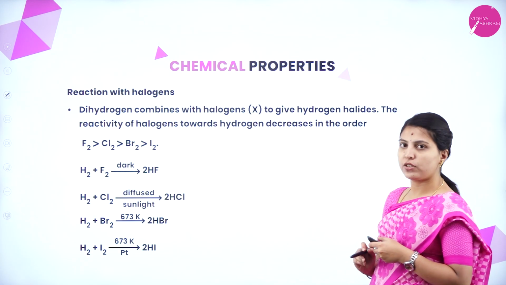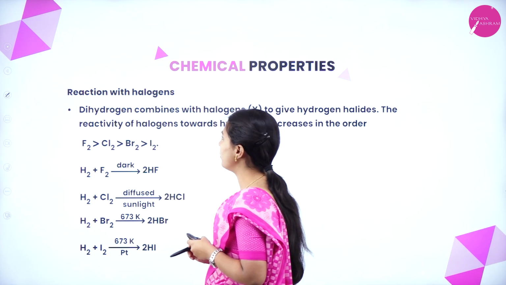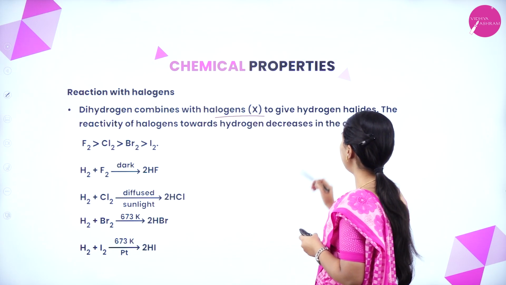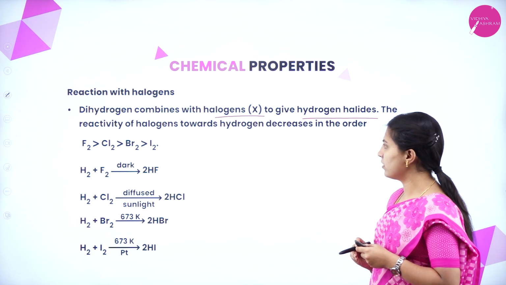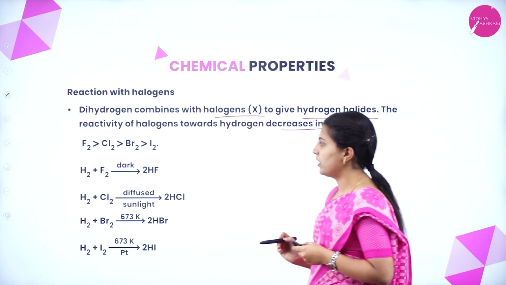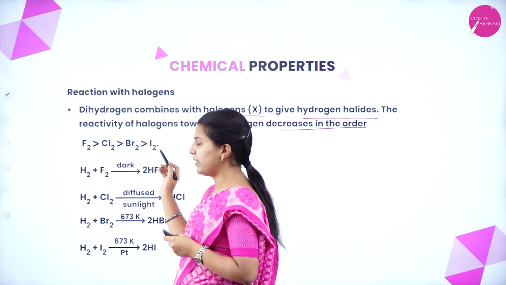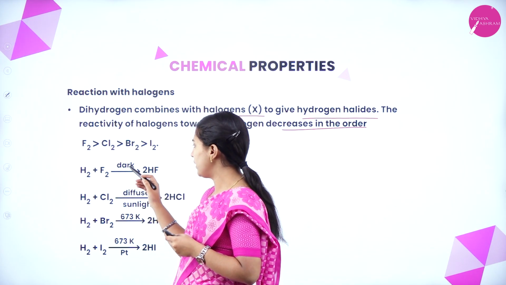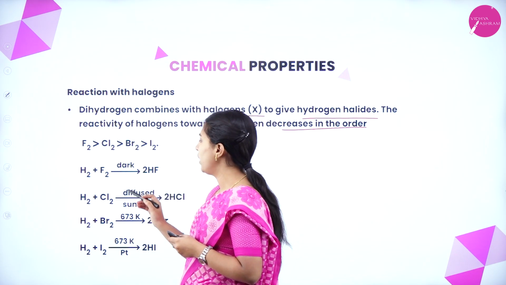Next, chemical properties of dihydrogen. We will see the first reaction with halogens. Dihydrogen combines with halogens to give hydrogen halides. The reactivity of halogen towards hydrogen decreases in the order fluorine, chlorine, bromine, iodine. Hydrogen and fluorine even in the dark will form HF.